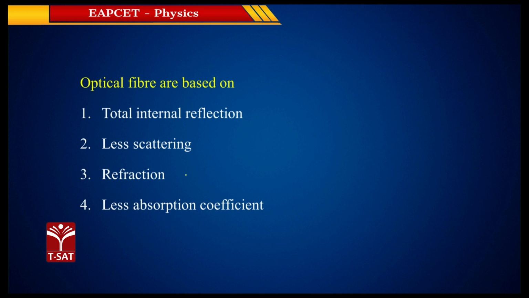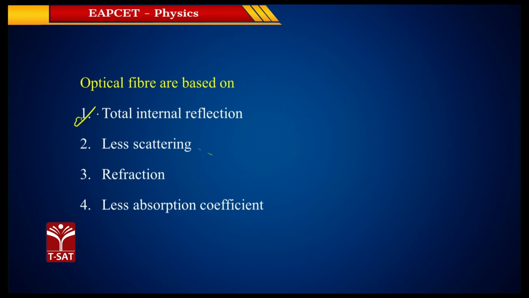Here light rays are traveling from denser medium to the rarer medium. If the incident angle value is greater than the critical angle, light rays are internally reflected. Therefore, the first option is correct.